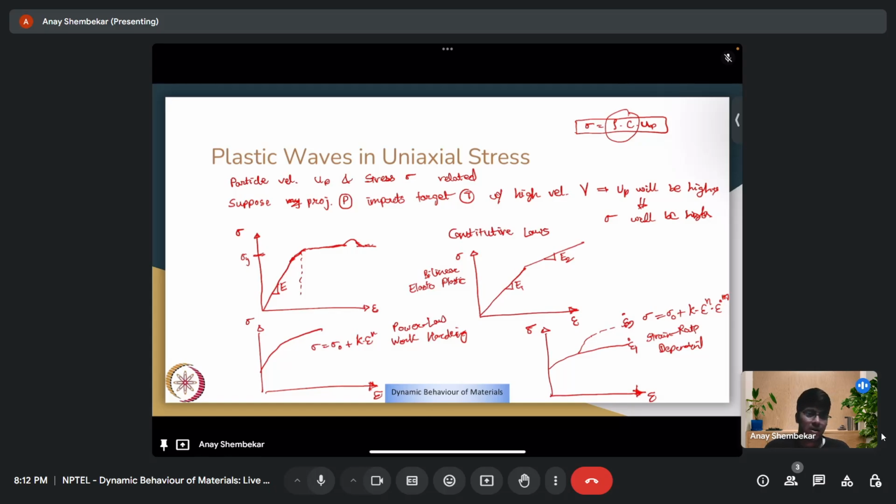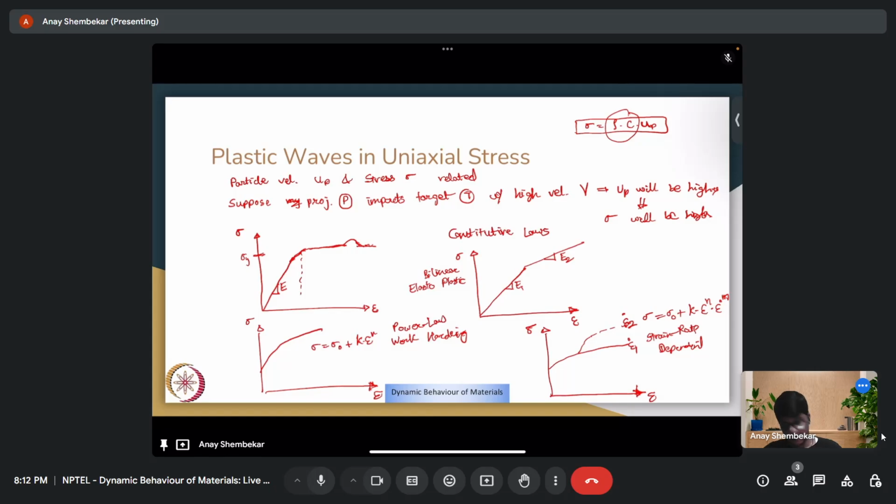In all of these plots, the important point is once you exceed your yield point, you enter the plastic region, for which you need to have a constitutive relationship. These three types are just showing you how different types of them would look.